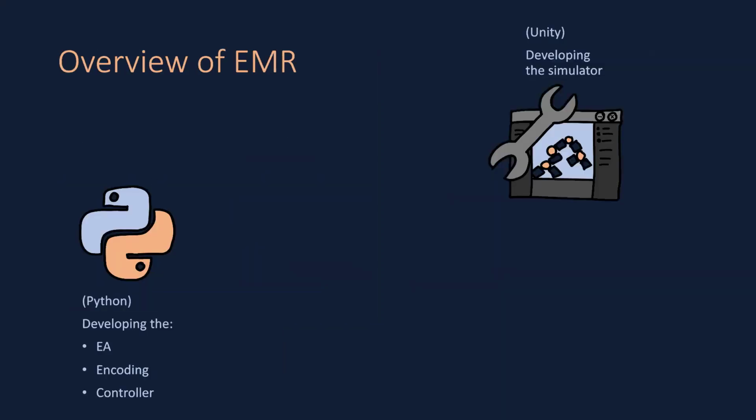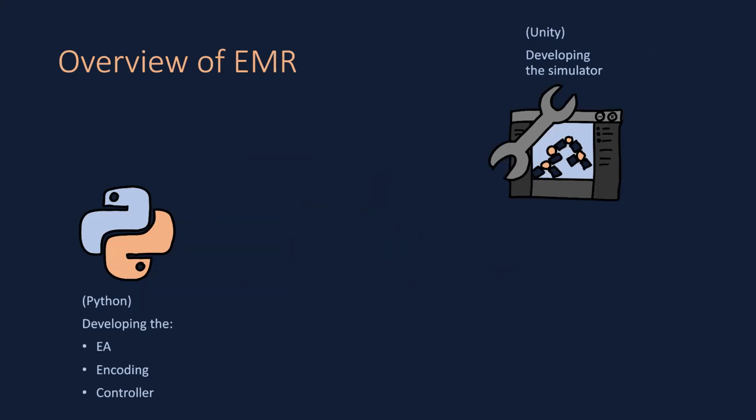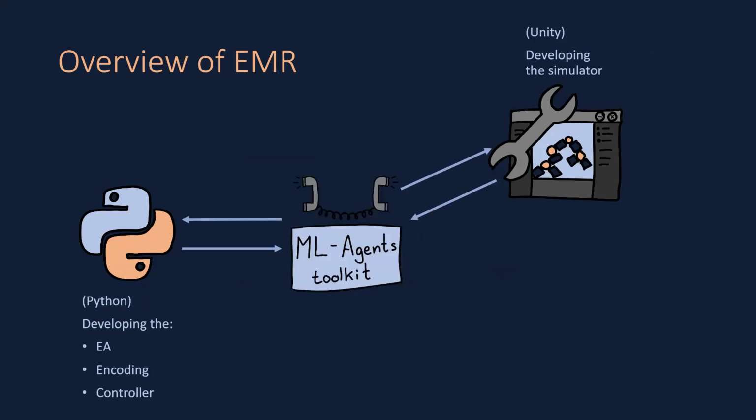Just to give you a short overview of how this process works: Unity has an editor where you can build your simulator. You also have the Python side where you develop your optimization algorithm, as we talked about, and the ML Agents toolkit, which helps you communicate.